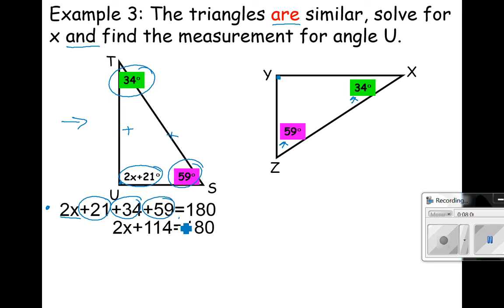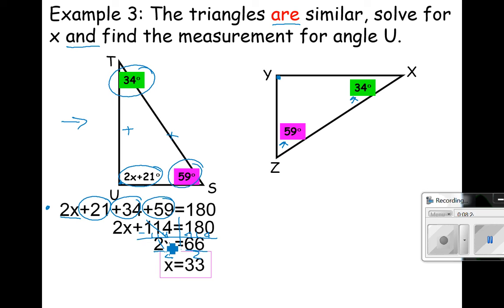Now I have a basic two-step equation, so I'm going to subtract 114 from both sides, and I have 2x equals 66. Continuing now, I have a one-step equation. I'm going to divide both sides by 2, and x equals 33.